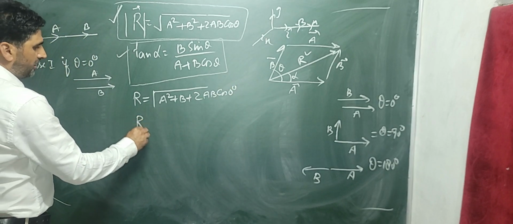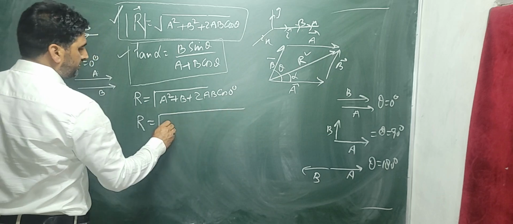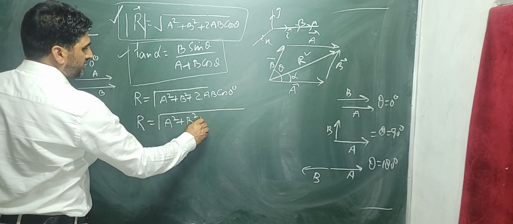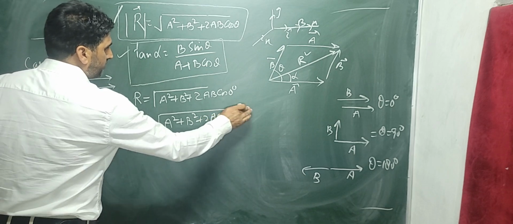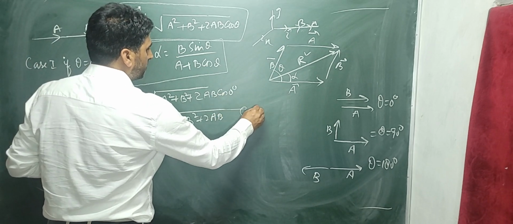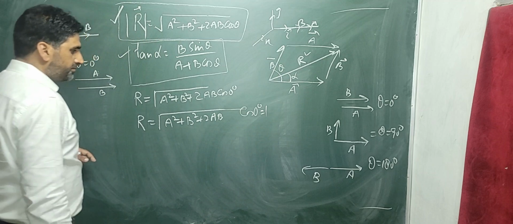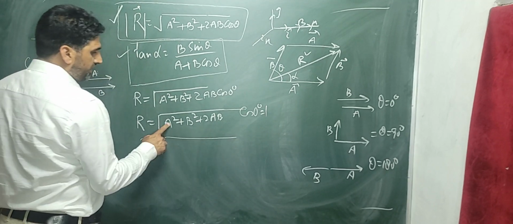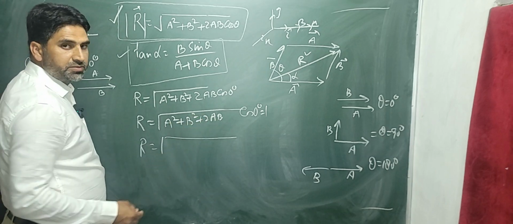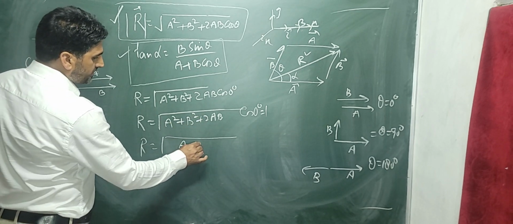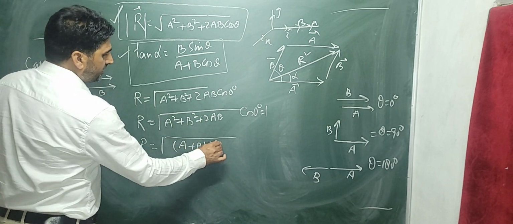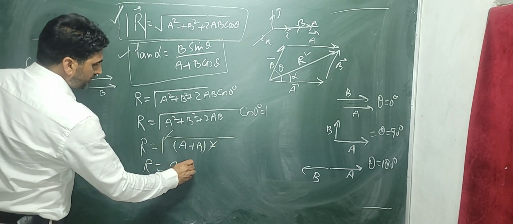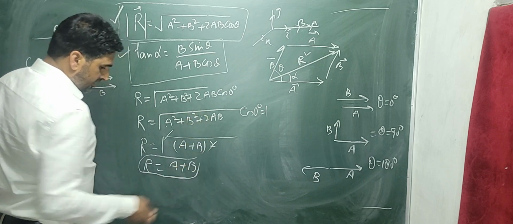So R comes out to be under root of A square plus B square plus 2AB, because cos of 0 degree is equal to 1. You can use the formula A square plus B square plus 2AB equal to A plus B whole square. The square root gets cancelled. You get R is equal to A plus B.